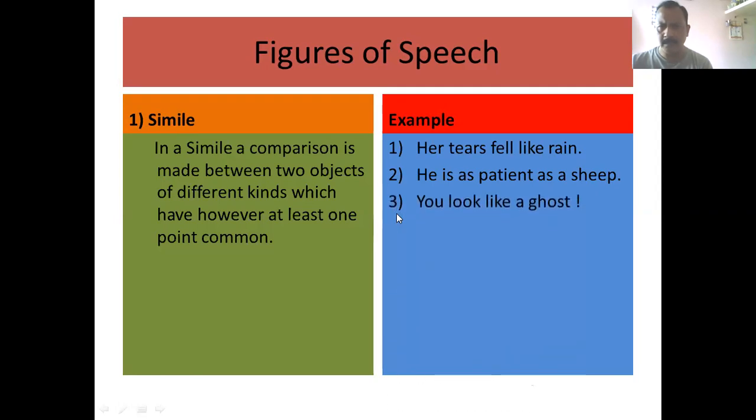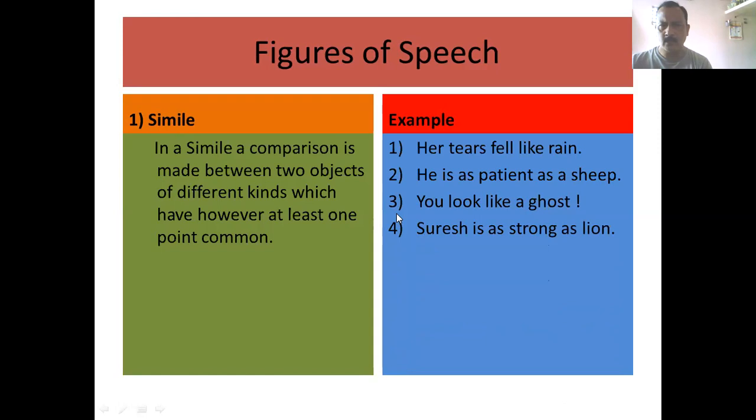In the third example, you look like a ghost. Here you and ghost are compared, and this comparison is shown by like. Then Suresh is as strong as a lion. Here lion and Suresh are compared, and they have the common quality of being strong, and this comparison is shown by as, as.